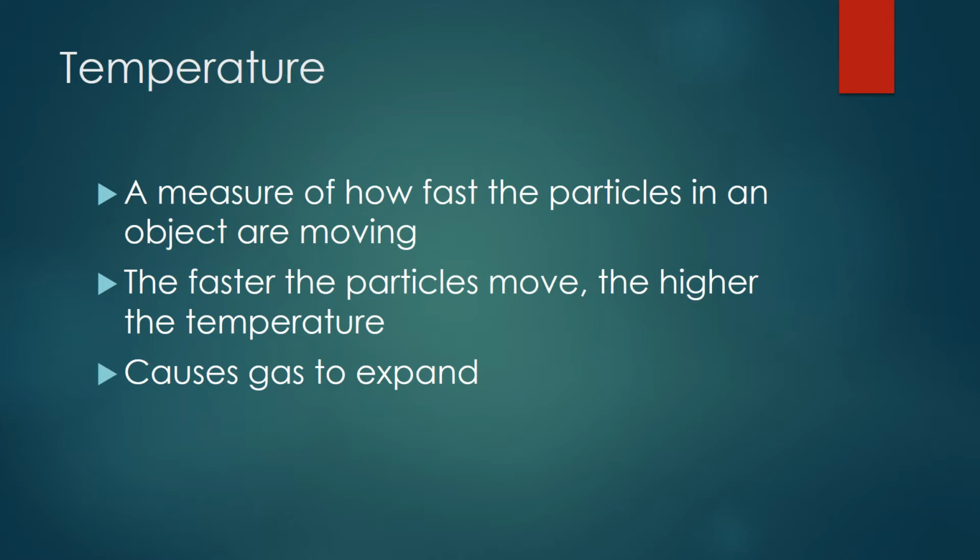The particles moving faster is what makes the temperature go up, not the other way around. So when those particles get a lot of energy, they have a lot of kinetic energy to move around. That's what causes the temperature to go up, because it's the measure of how fast they're actually moving itself.